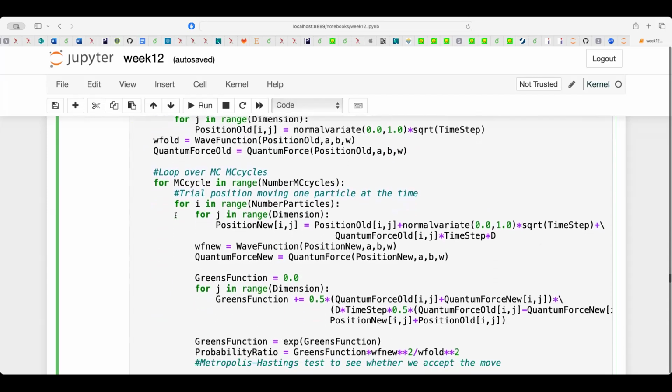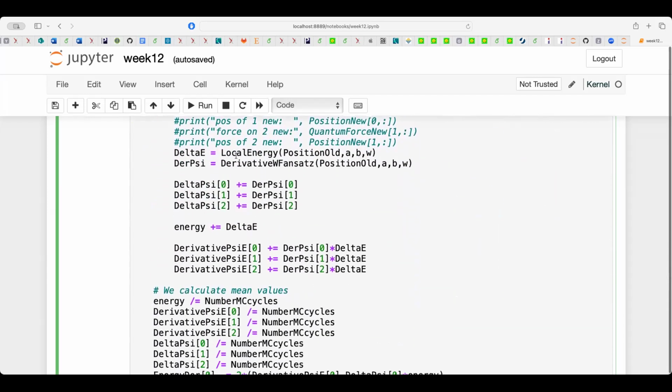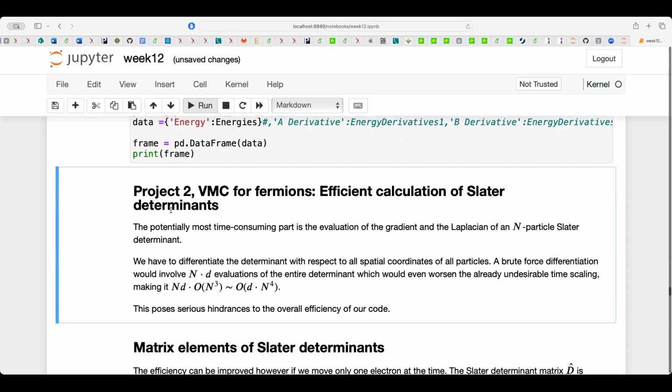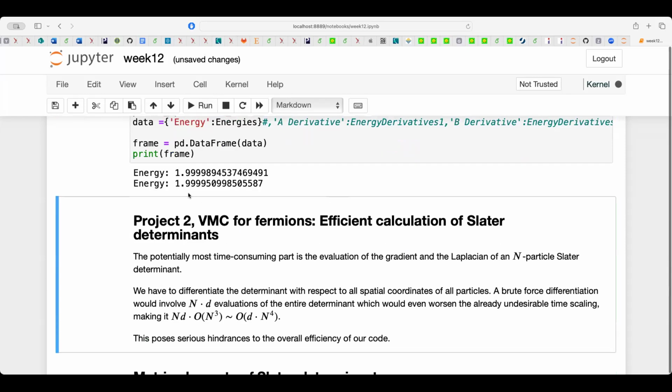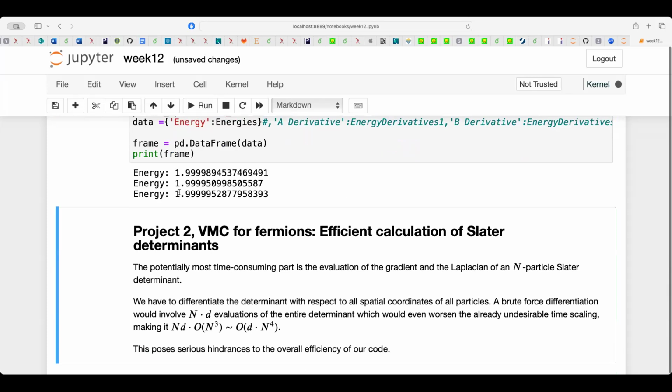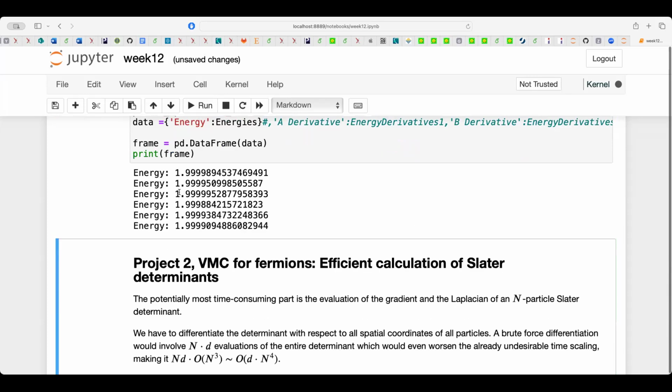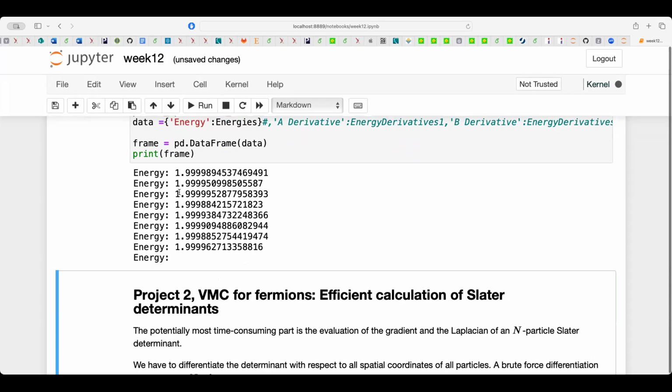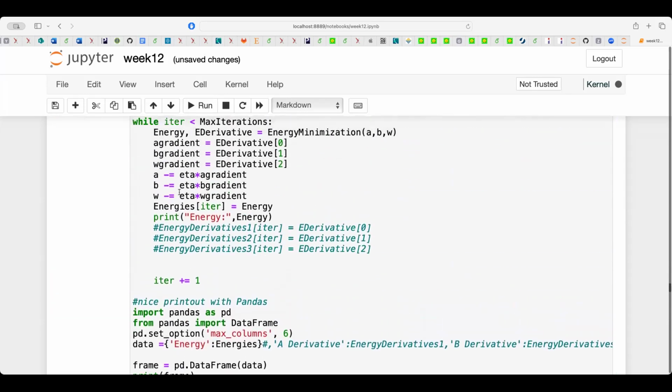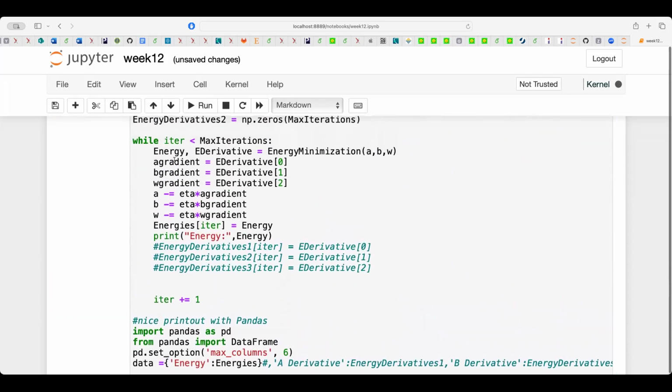And this is a simple case which you could just run if you want to. Use that as an example code if you want to. And in this specific case, you see now we have 2 particles in 2 dimensions, and then you should get exactly 2. And this is what it gives. And the gradient descent here is just the most simple one you can think of.